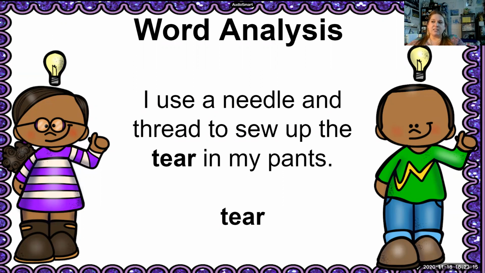So if it's not a noodle or a poodle, what is this sentence about? It's about a needle. Good. What is a needle? It's usually a little thin piece of metal that you attach string to so that you can sew things. What's thread?